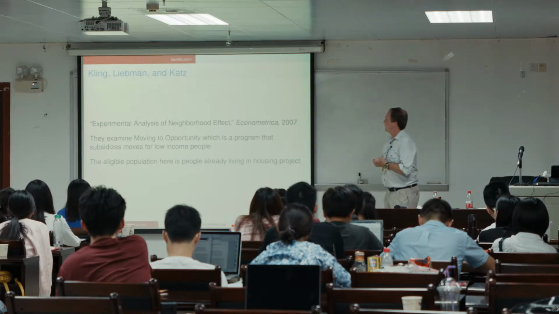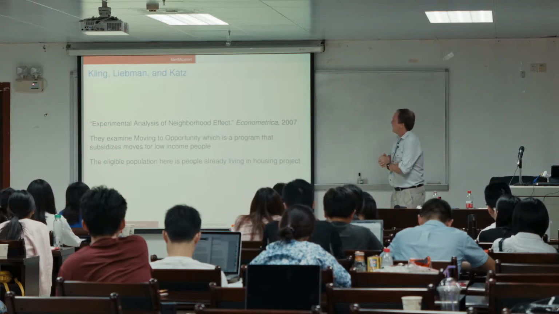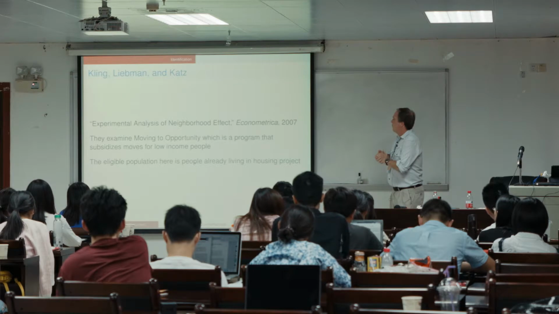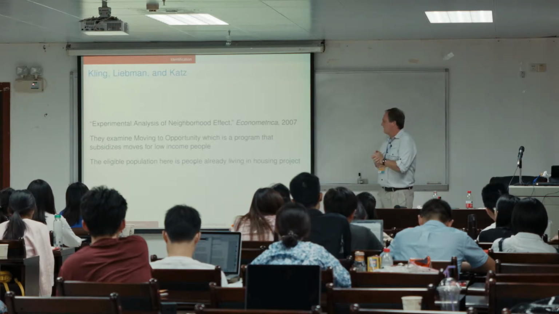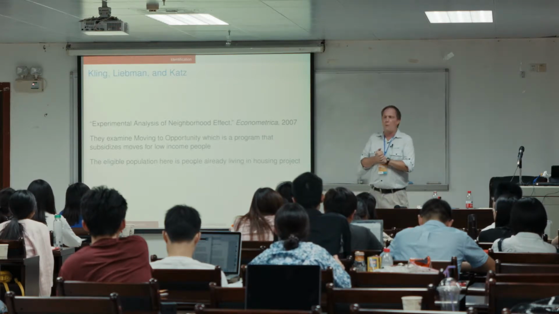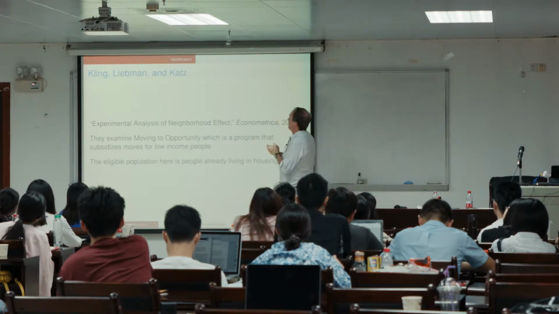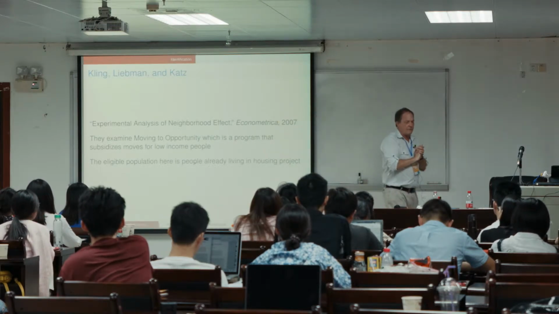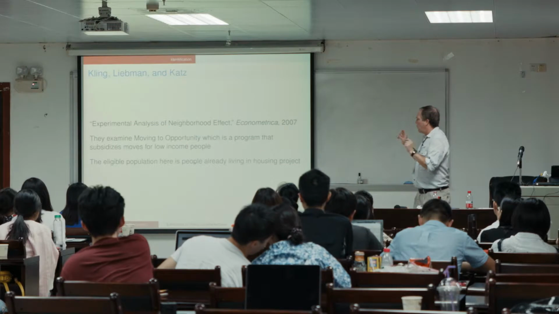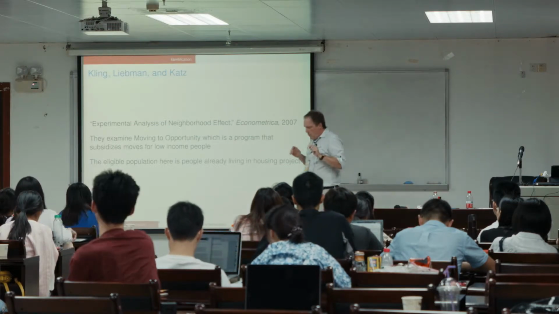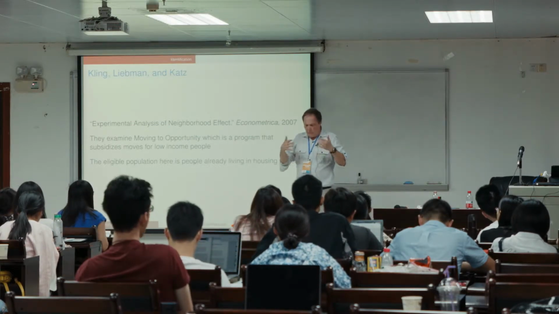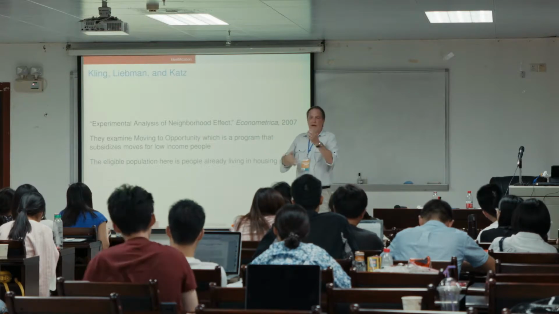So this was an experiment. This is a famous experiment that was done in the United States called Moving to Opportunity. There's lots and lots of papers on this, and I'm going to talk about one of these papers by Kling, Liebman, and Katz, but you might have seen other papers as well. What this experiment was about was that in the US, a lot of low-income people get subsidized housing.